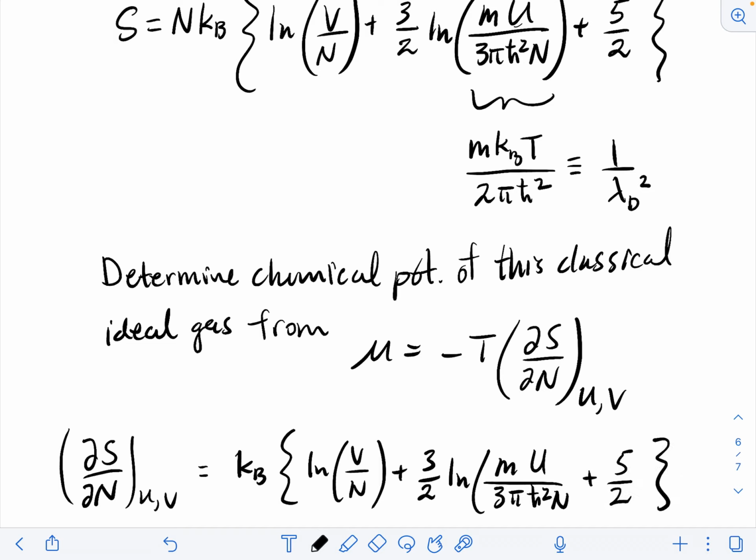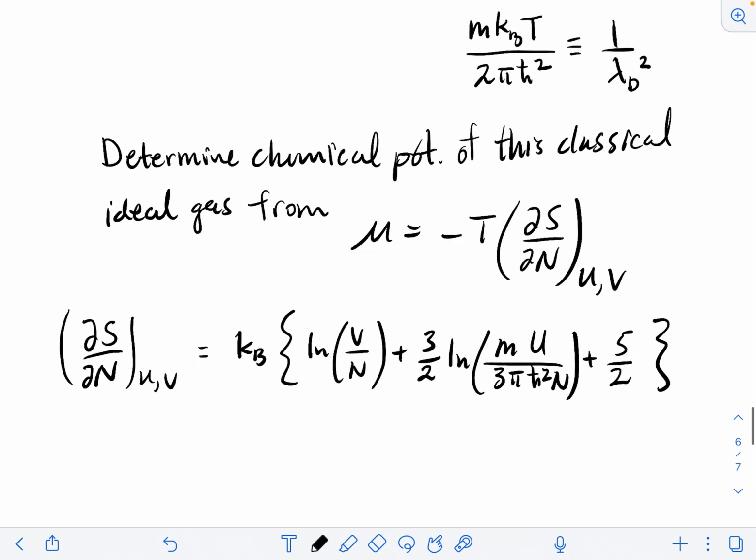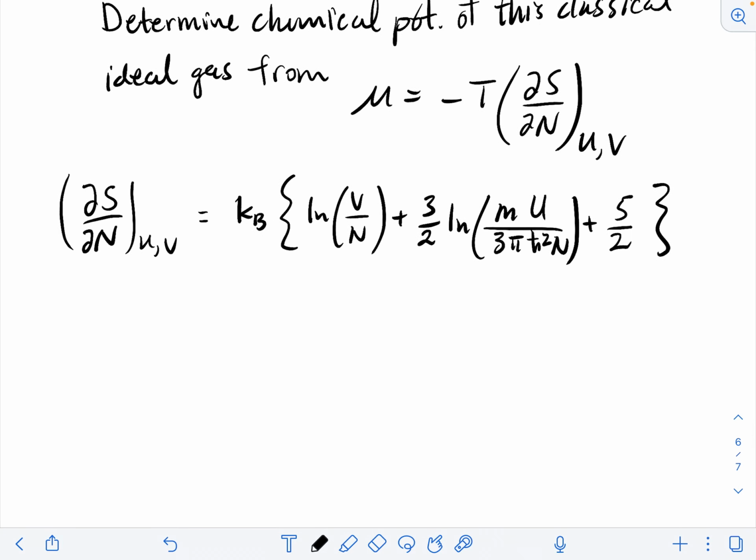Okay, and so now we have to take the n derivative of the things that are inside the braces, and we can see those terms here. So first we have the n derivative of ln V over n. So ln V over n we could write as ln V minus ln n, and when we take the derivative we would get minus 1 over n. So we're going to have an n kB, and then we would get a minus 1 over n.